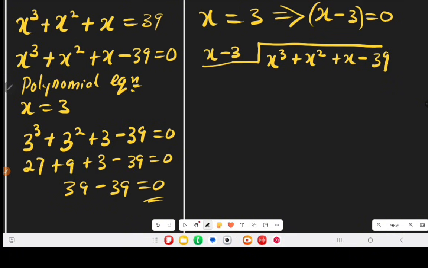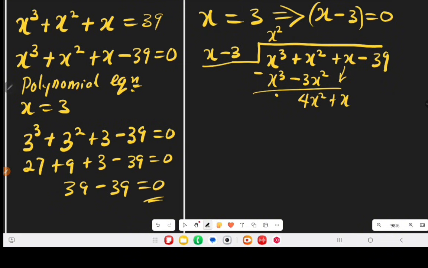Now, x into x cubed will give us x squared. x squared times x will give us x cubed. x squared times minus 3 will give us minus 3x squared. Then we subtract. x cubed minus x cubed, 0. x squared minus minus 3x squared gives us plus, which is the same thing as 4x squared. Then we bring down this x, which will give us plus x.